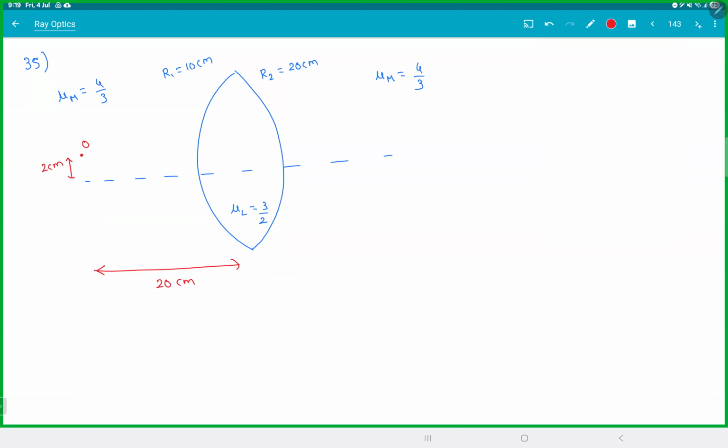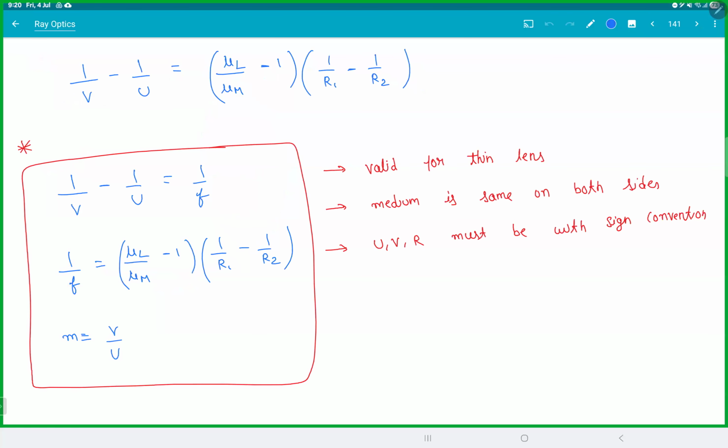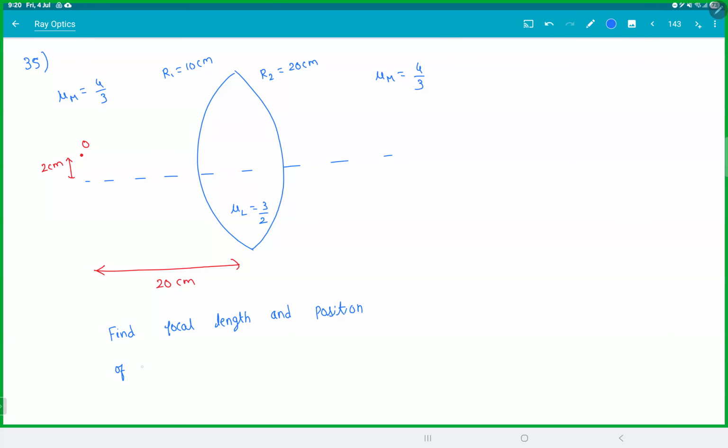Find the focal length and the position of the image. Hope everyone copied these formulas. There's nothing here, just substitution. All the concepts you did in mirrors, image formation, if the object is above the principal axis, drop a perpendicular, all that story is the same.